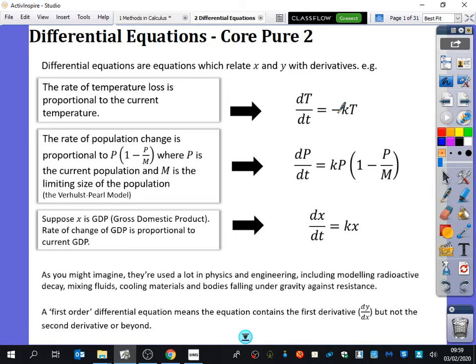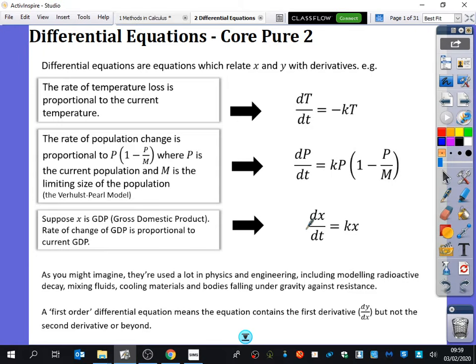We've got other ones that we've come across before. So here we've got the rate of population change is proportional to P(1 minus P over M), where P is the current population and M is the limiting size of the population. This is the Verhulst-Pearl model. So it's a particular thing that connects together the rate of change of the population to current situations of population. Another one that we've got here, suppose that X is the gross domestic product.